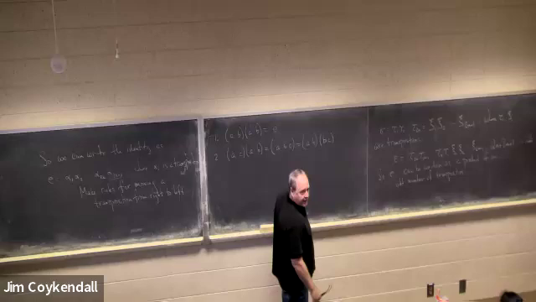For all n greater than or equal to 3, A_n is a normal subgroup of S_n. By the way, what's the order of A_n? How many elements do you think it has? Correct. Basically, in S_n, half the permutations are even and half are odd.